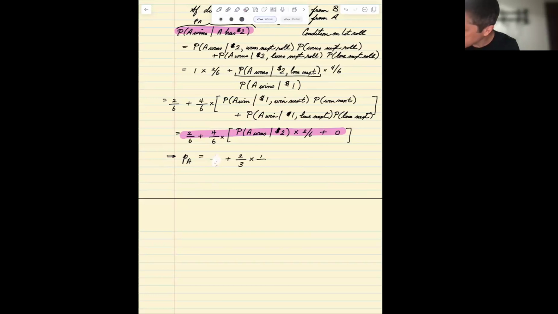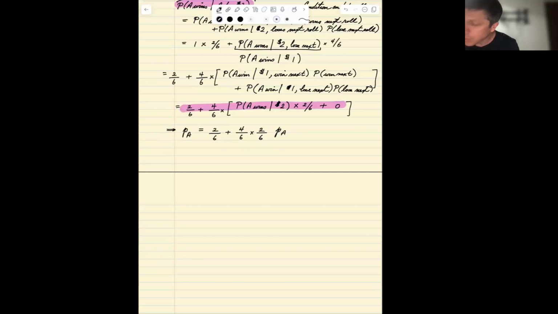You know what? I'm going to leave these the same. It's just easier to make sure we're keeping track of everything. Times 2/6 times P sub A. So we can do a little algebra, and what we will conclude is that the probability that A wins in this game is 3/7.